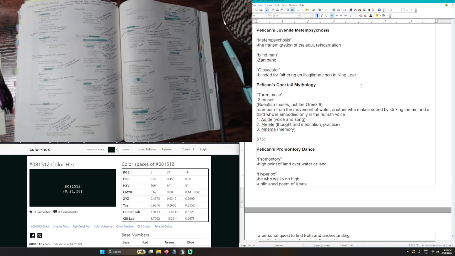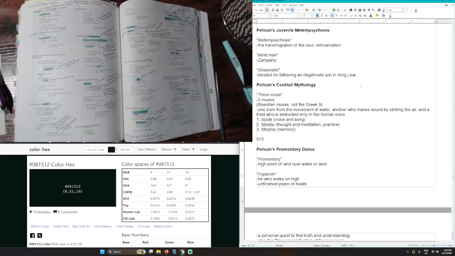The next poem is Pelican's Cocktail Mythology, and he references these three muses. And those are the Boeotian muses, not the Greek muses, because there were 9 Greek muses. There were only 3 Boeotian muses. One was born from the movement of water, another who makes sound by striking the air, and a third who is embodied only in the human voice.